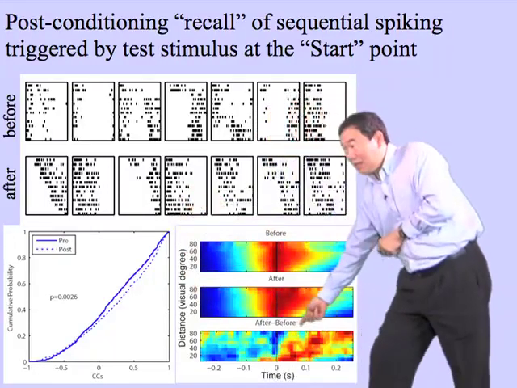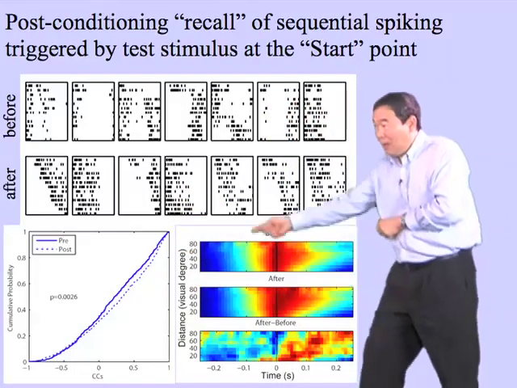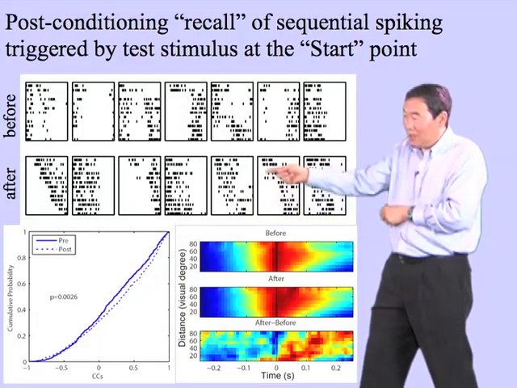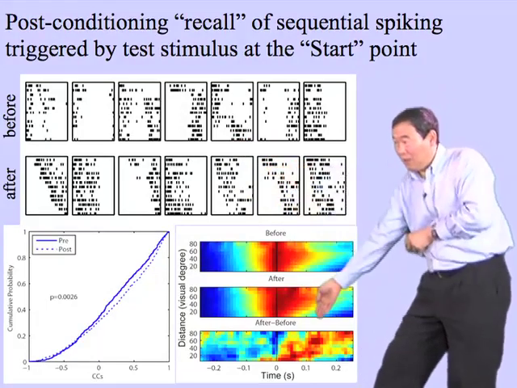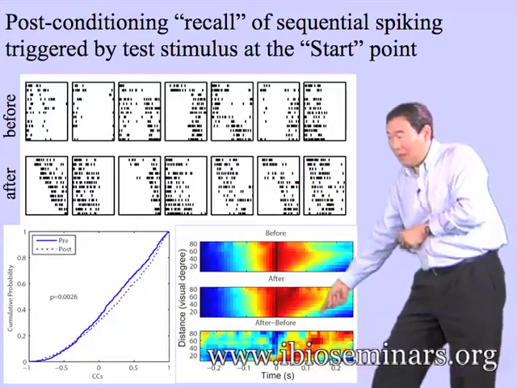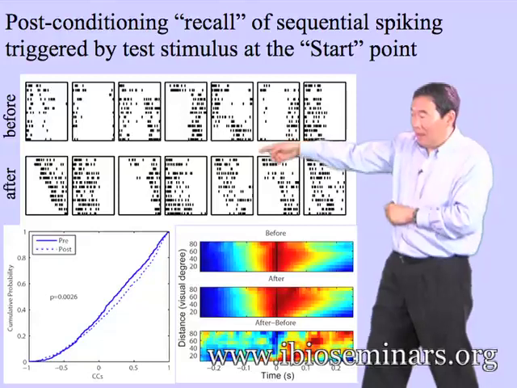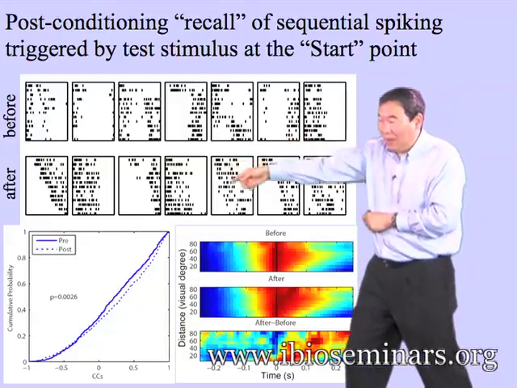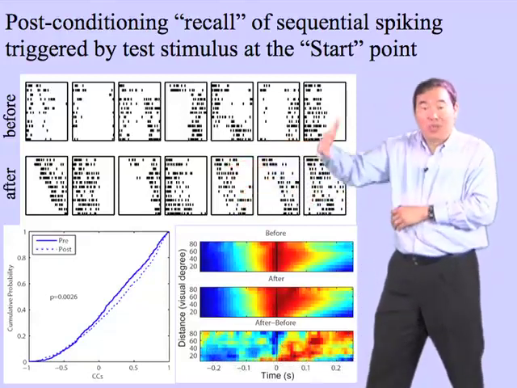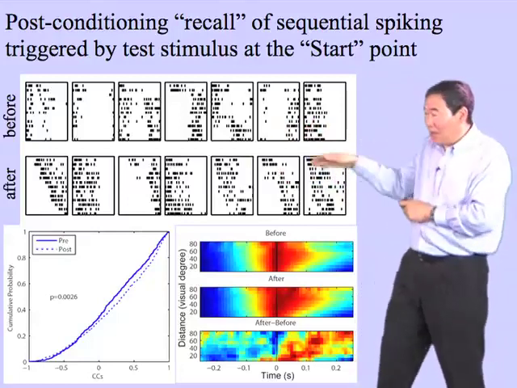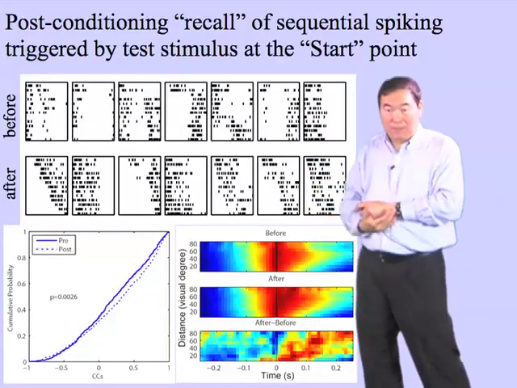That is, there's a slant of this correlation resembling the correlation with their distance, longer distance, their correlation is shifted more toward the right. So this slant of correlation represents, in fact, the increased sequential firing after conditioning as compared to before conditioning.